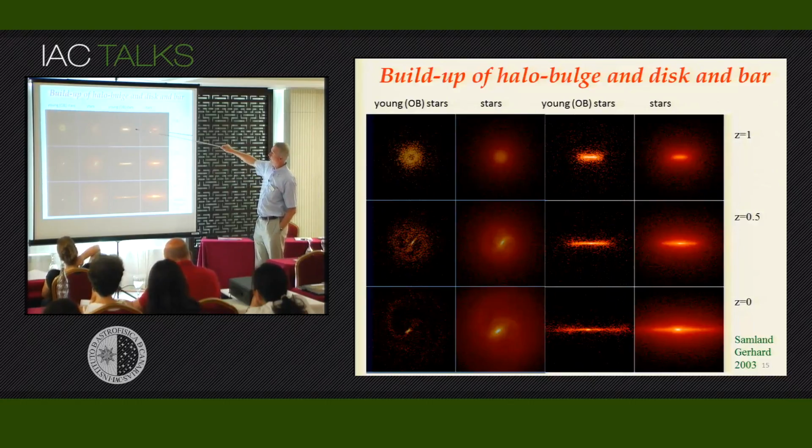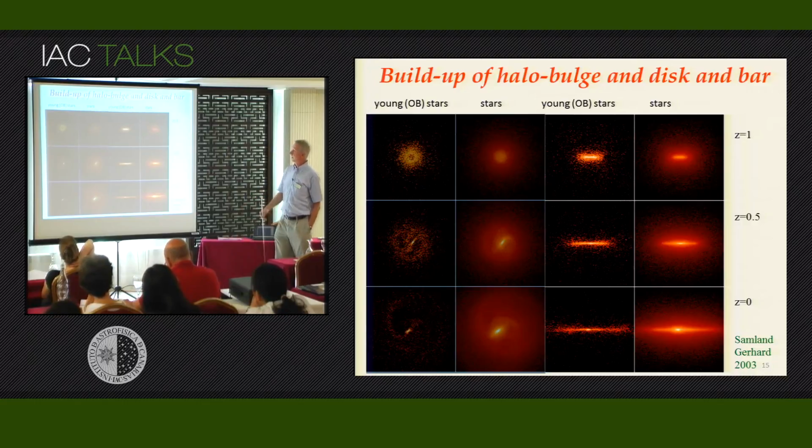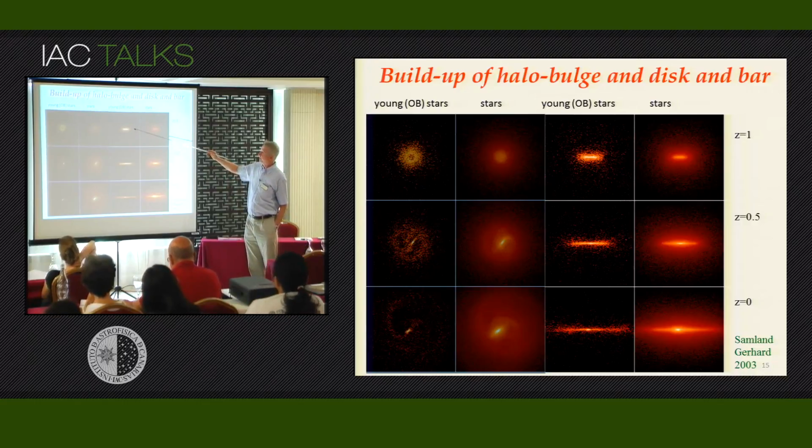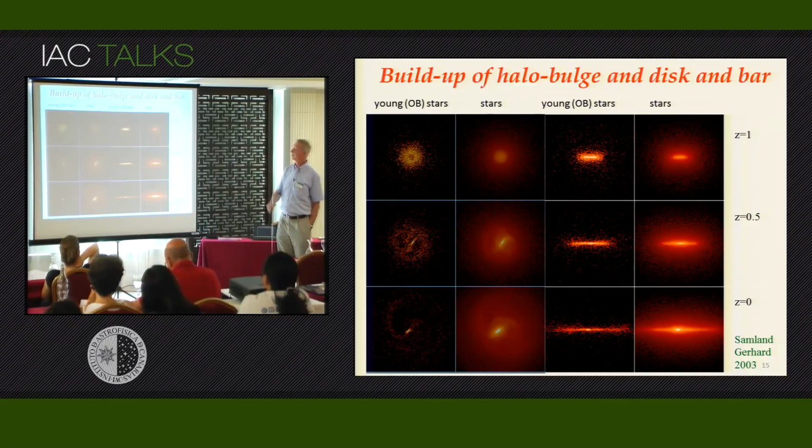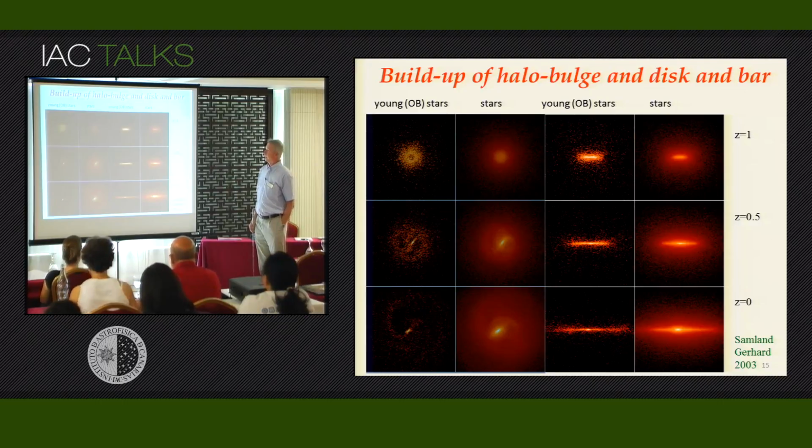Also, you can see how the material settles from something that's a bit thick and turbulent at the beginning to a rather thin system. Now, this is something that people in high redshift observations find quite regularly, that the disks at that time, at redshift 2 or so, are quite turbulent and then presumably thick.